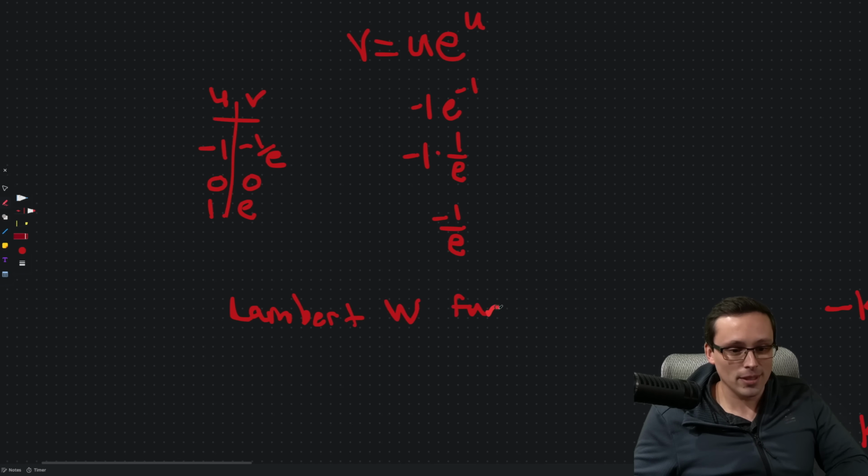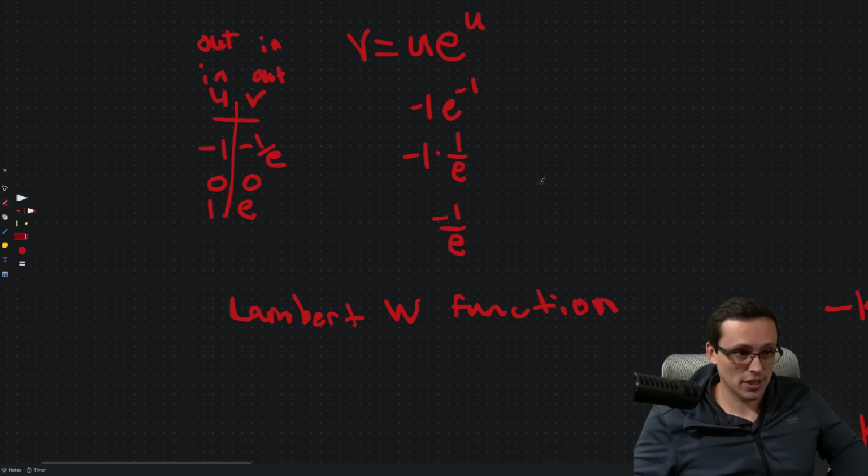And the Lambert W function is literally just saying, what if I just treated this in reverse? What if I do the inverse of this? What if, instead of this being inputs and this being outputs into this function, what if I just took that same idea, but I called this the outputs and I called this the inputs? In other words, I'm just switching what we consider the inputs and the outputs. That's the definition of what an inverse function does.